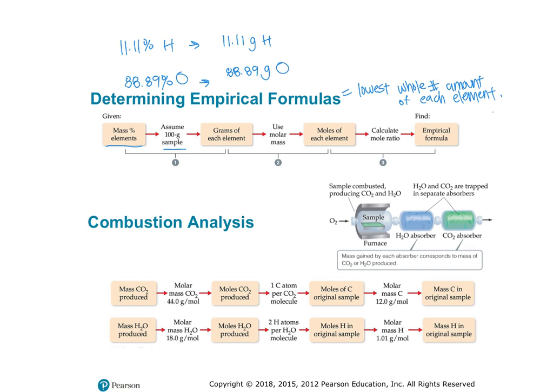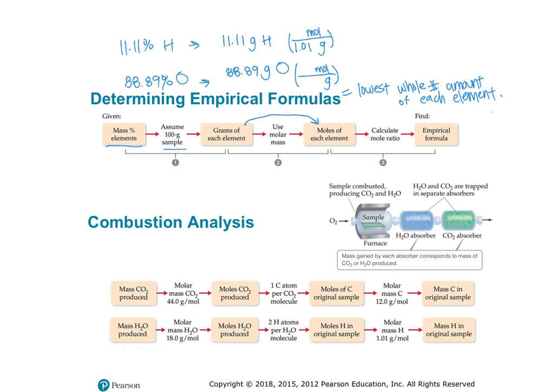So first step, easy. Turn all of those percentages into grams. Next step is you're going to convert your grams of every element into moles. So you're going to take the molar mass of each element and take your mass divided by the molar mass. So I want to get from grams to moles for each of these. So the molar mass of hydrogen is 1.01 grams per mole.